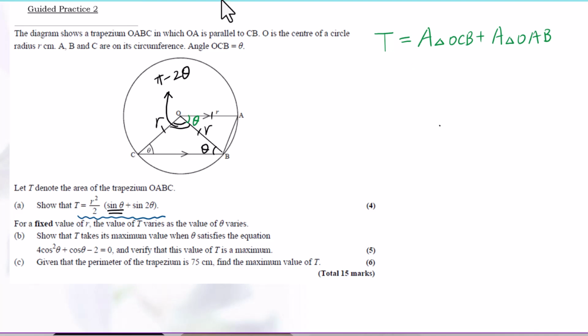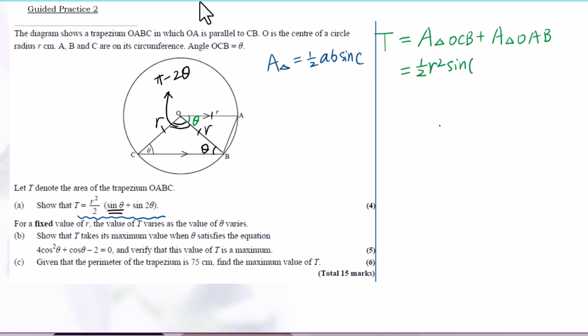We will use the formula area of a triangle equals 1/2 ab sine C. Therefore, the area of triangle OCB equals 1/2 r squared times sine of pi minus 2 theta, plus the area of triangle OAB, 1/2 a times b times sine theta.